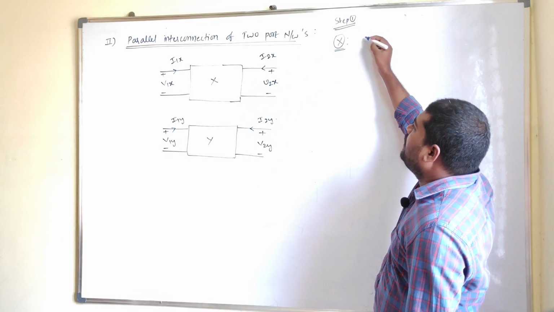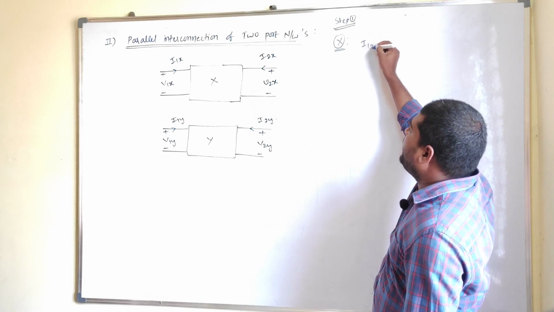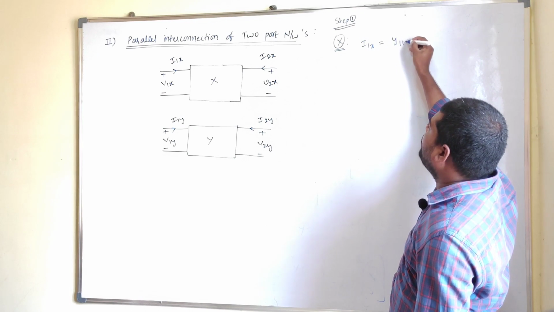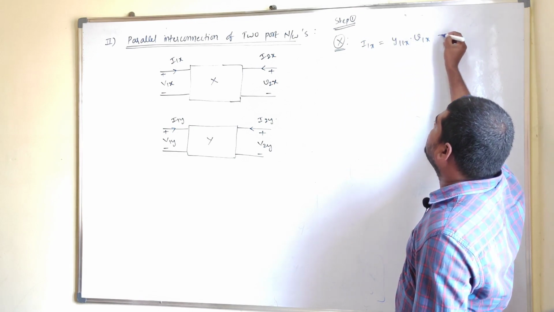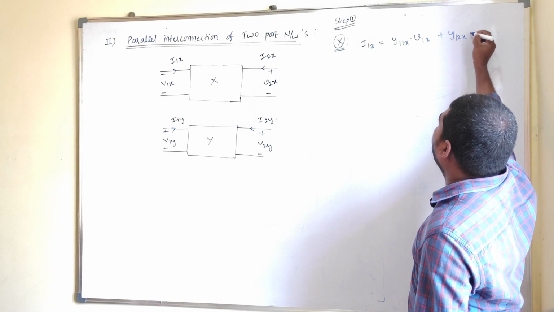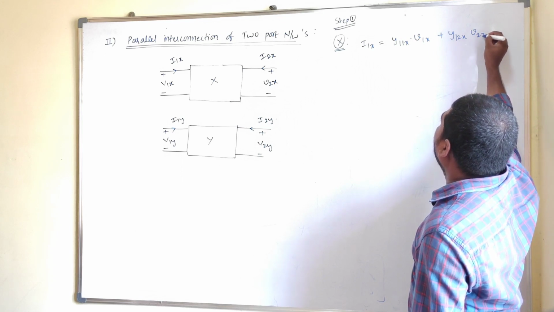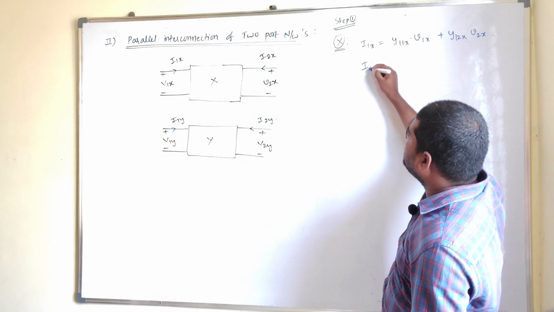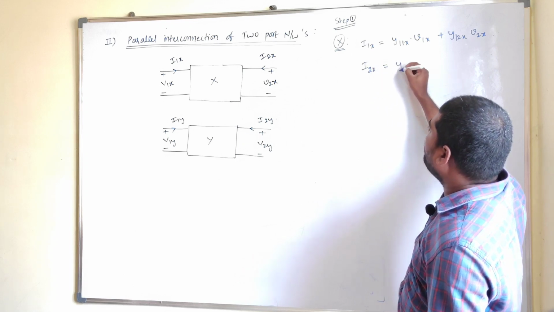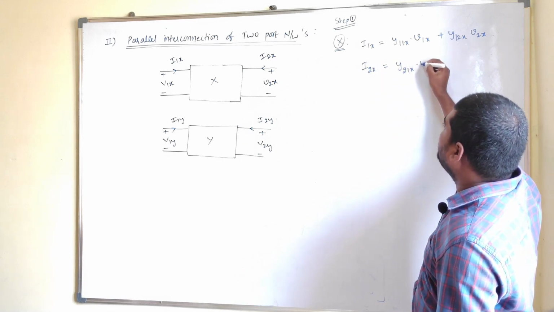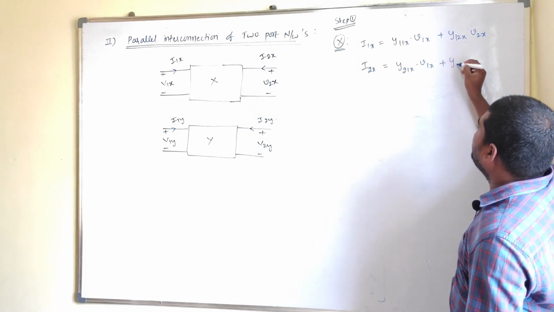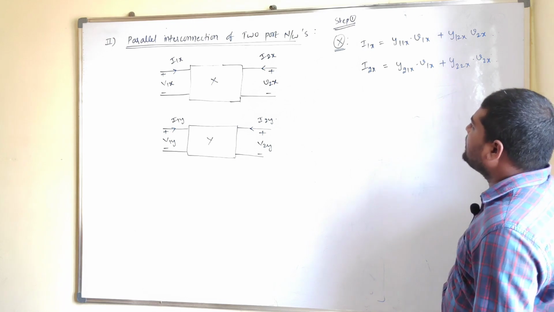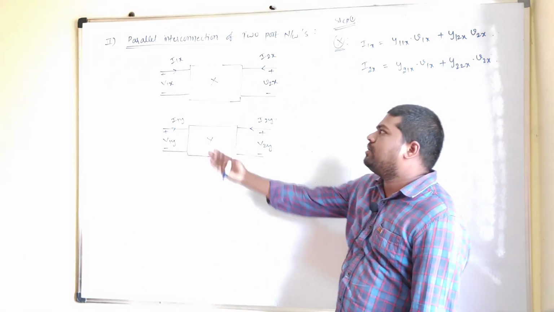First, I1x equals Y11x V1x plus Y12x V2x. Next, I2x equals Y21x into V1x plus Y22x into V2x. These are the Y parameters for the X two-port network.